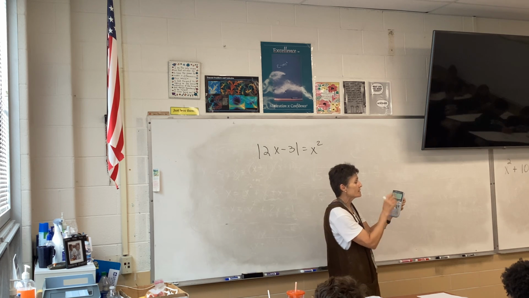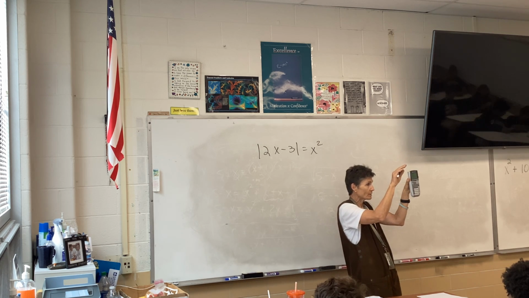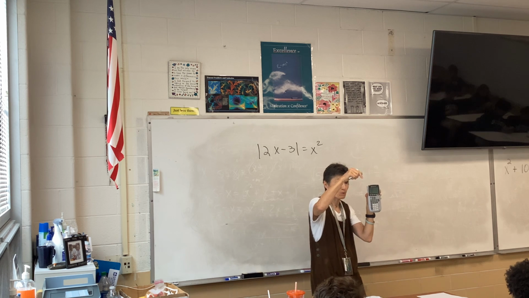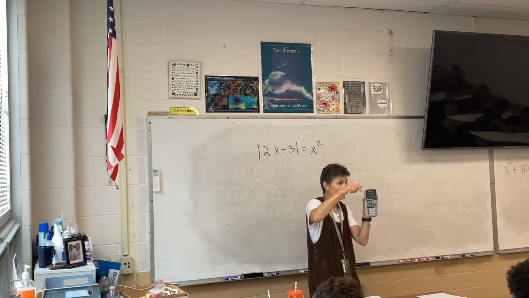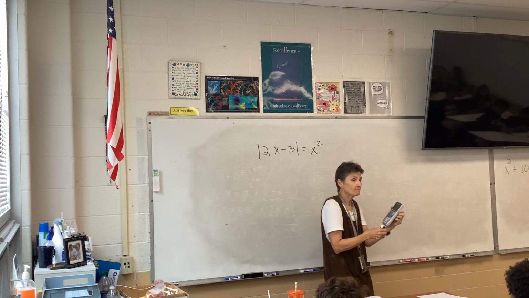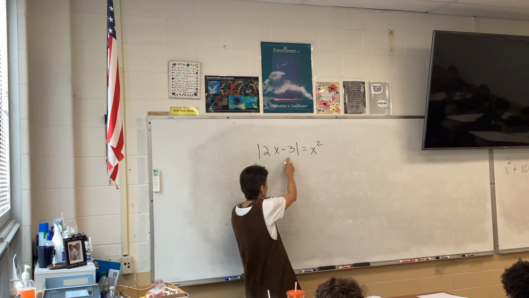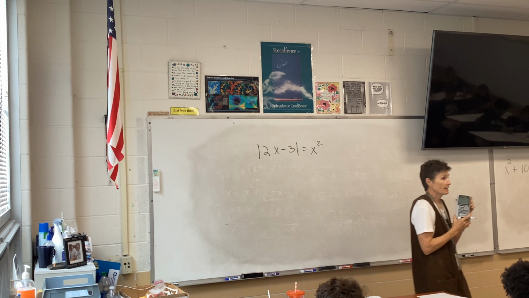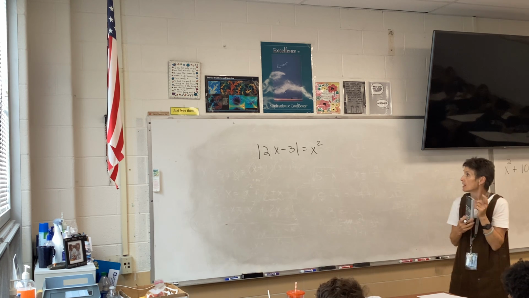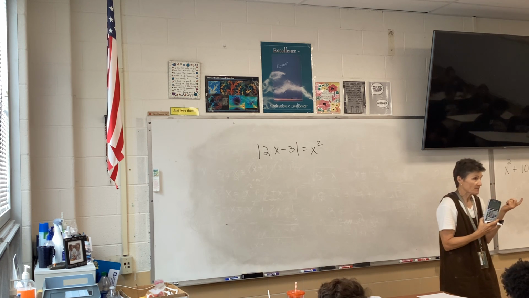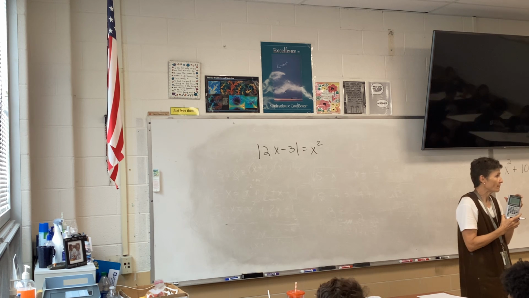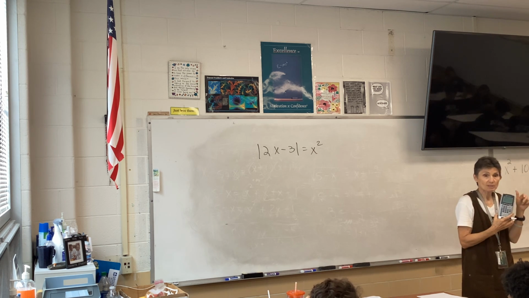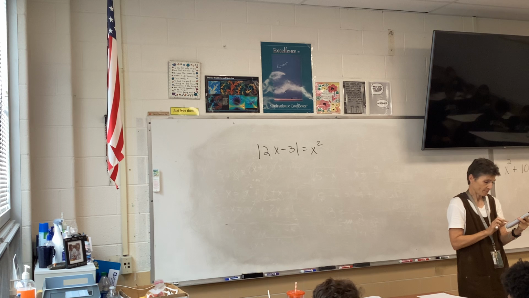Go over to number, across the top, and you see how the very first thing is absolute value? So you press that, and then you type in 2x minus 3. Now on the old calculators, you need to close the parentheses. On the newer ones, you don't have to. But you're taking the absolute value of 2x minus 3.